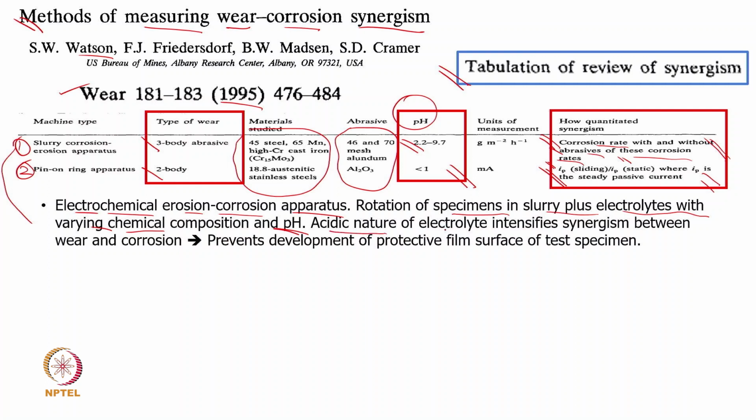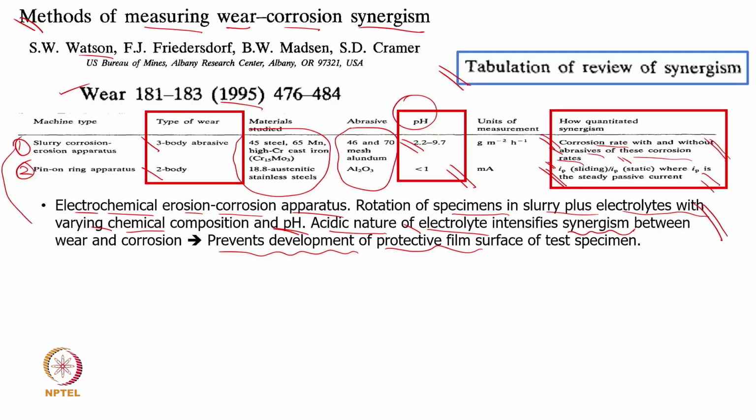Because of the acidic nature of the electrolyte, this synergism will intensify and increase significantly. Because of this acidic nature, the media doesn't allow a protective film to form on the surface. That's why the wear rate is on the higher side.